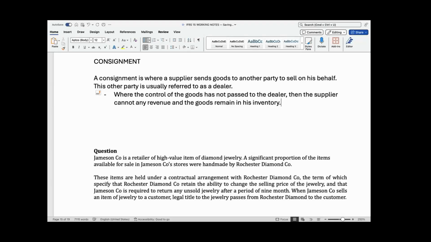That means you can still ask the dealer, if he's unable to sell it, to return your goods.